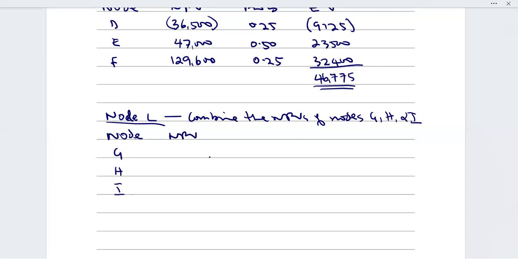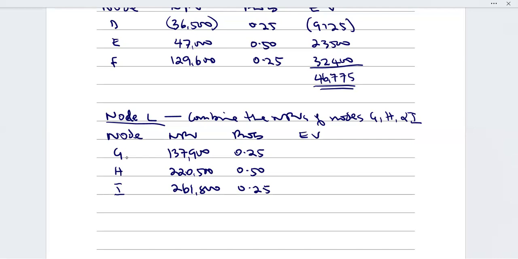What's the MPV of G? 137,900. H, 220,500. I, 261,800.